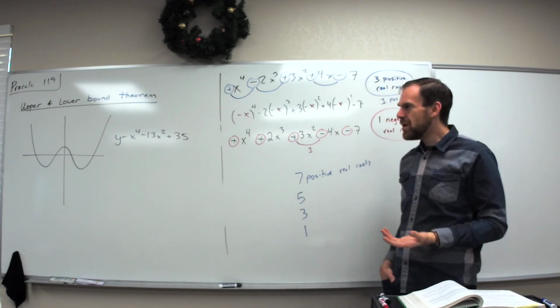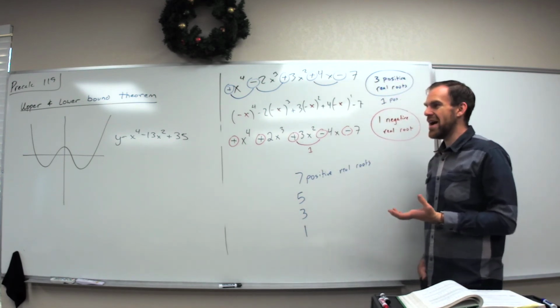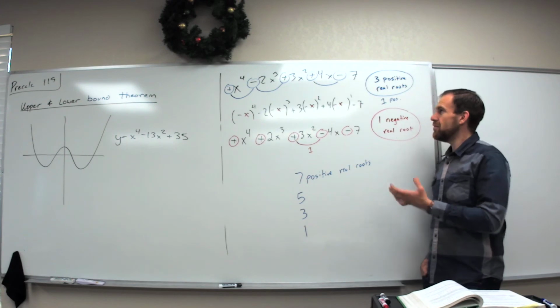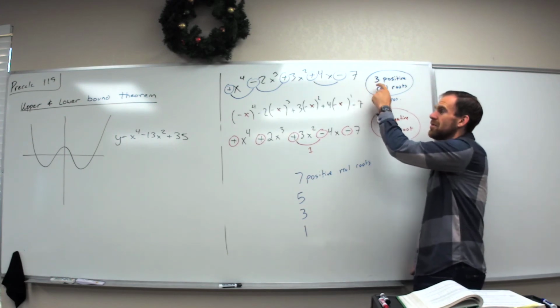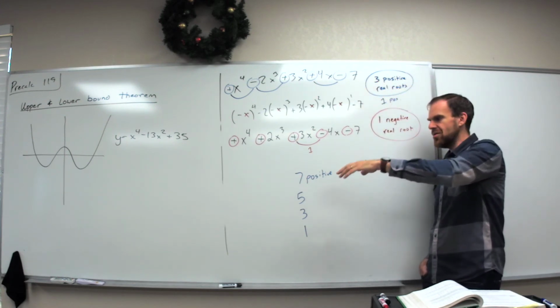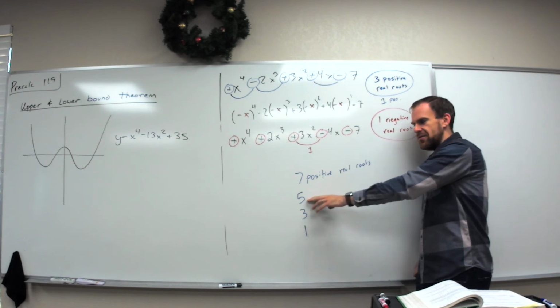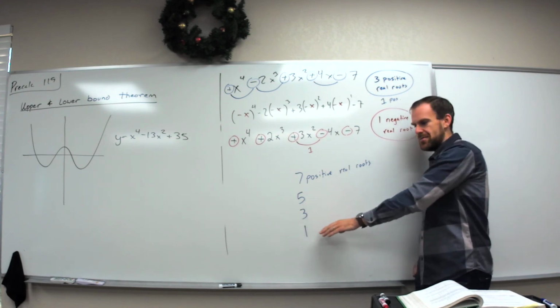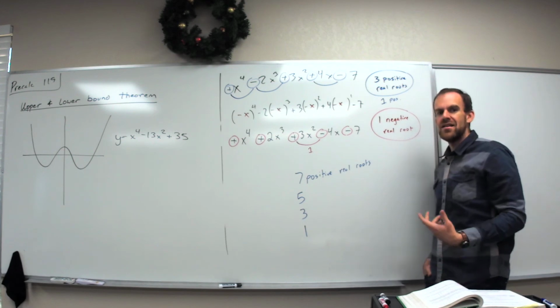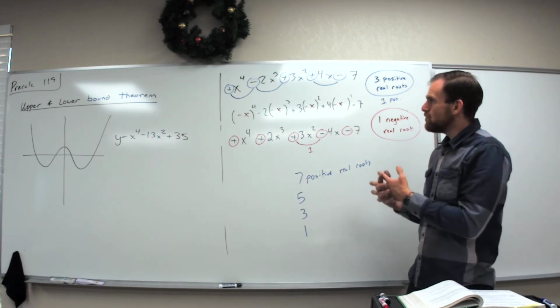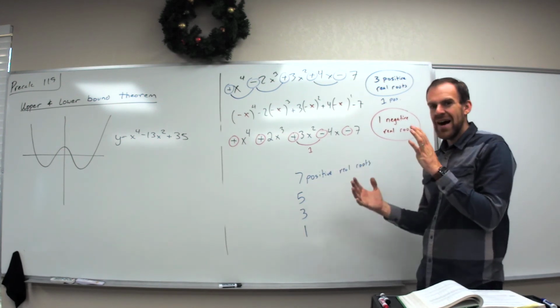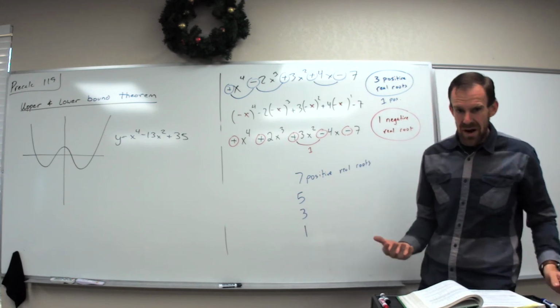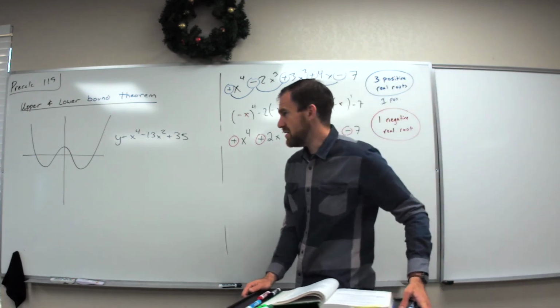And so that's the bummer with this. It's not as cut and dry as I presented it. Whatever number you get, if you can subtract 2, that's also an option. If you can subtract 2 from that, that's also an option. So, yeah, it gives us a guide. It gives us a direction to go, but we're not always guaranteed.